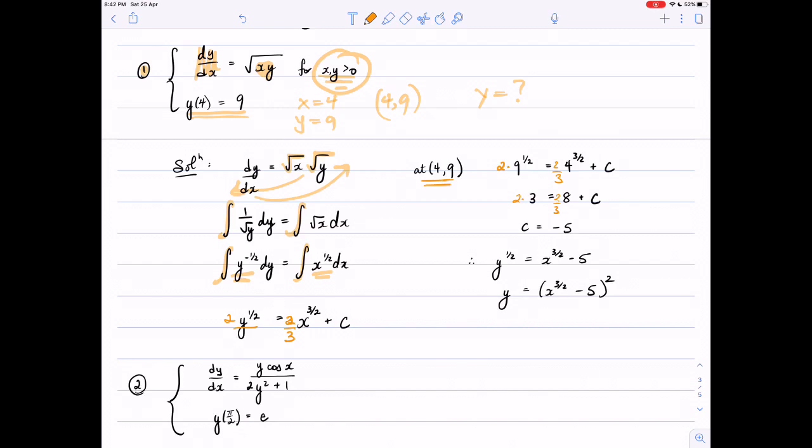Let me do a little computation here. We're going to have 6 is equal to 16 over 3 plus c, which means that 18 over 3 is 16 over 3 plus c, or c is 2/3, not minus 5.